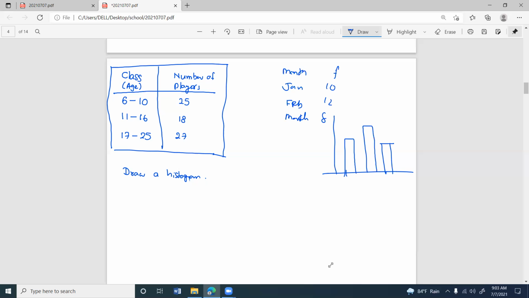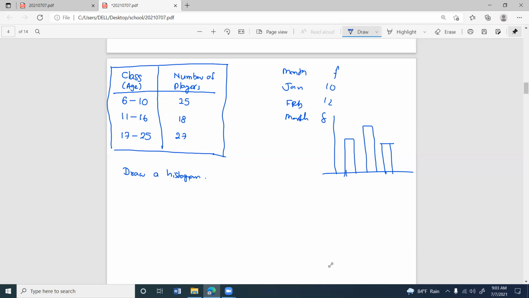But in a histogram, you cannot do it as it is. If you keep a gap between the bars, that indicates that for that specific duration the information is not available. Other than that, you cannot keep a gap. That is the fact we need to understand about drawing a histogram, right?